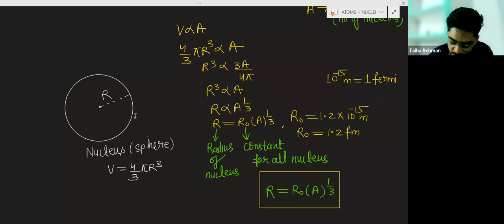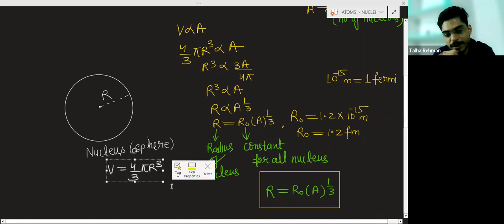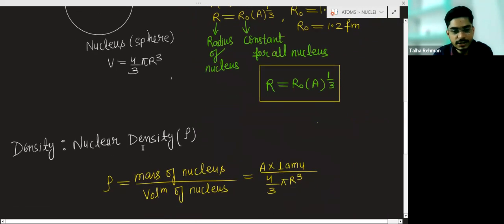In the same way, I want to now calculate the density of the nucleus. So density of nucleus is mass of nucleus divided by volume of nucleus, and volume of nucleus we already have, 4/3 pi r cube, and the value of r also we have. Density of nucleus is also known as nuclear density.